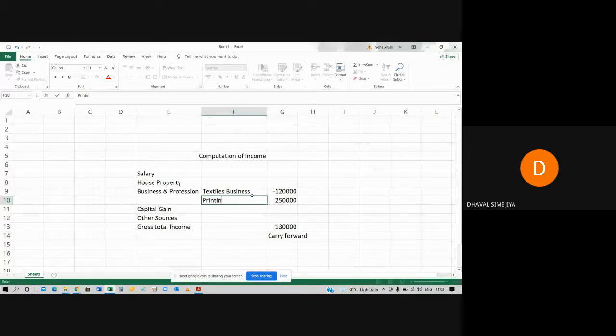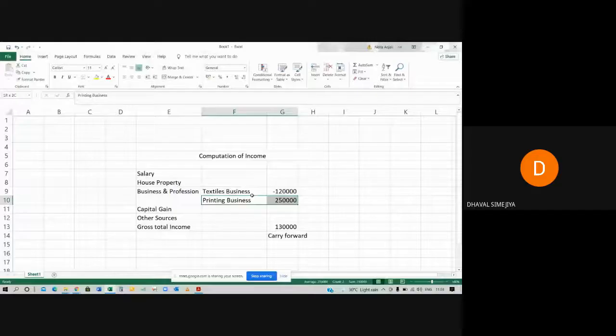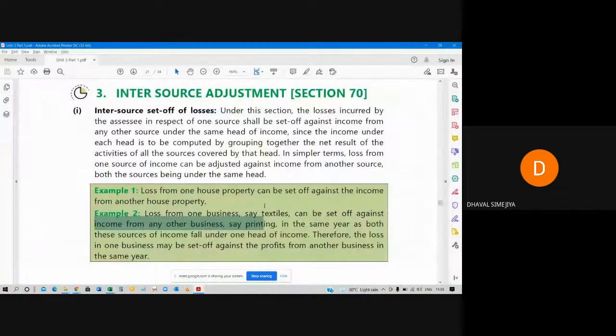So, in PGBP, profit and gains from business and profession, I am facing loss in textile business, but I am having income in printing business. So it will be set off and the net result will be shown as gross total income. Therefore, the loss in one business may be set off against the profit from another business in the same year.